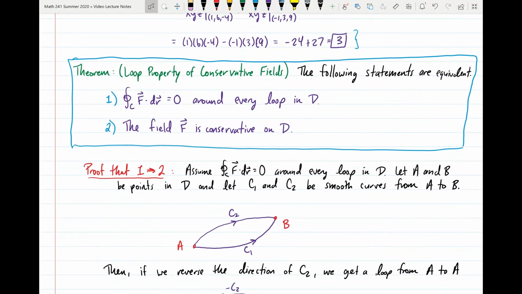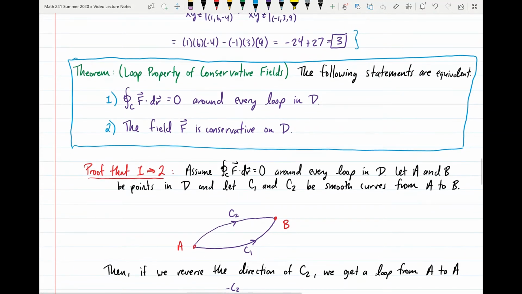The first statement is that the integral around a closed curve C of F is equal to 0 around every loop in D. And the second statement is that the field F is conservative on D. This theorem is saying that these statements are equivalent to one another. What does that mean? It means that if 2 is true, then 1 has to also be true. And if 1 is true, then 2 is also true.